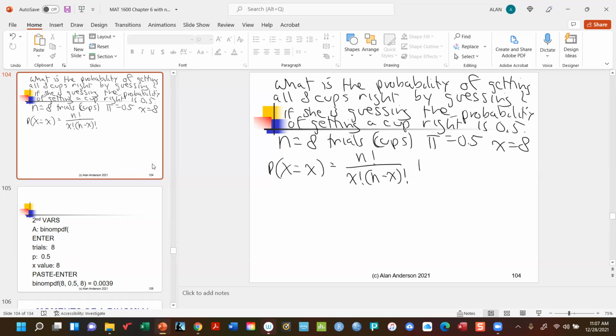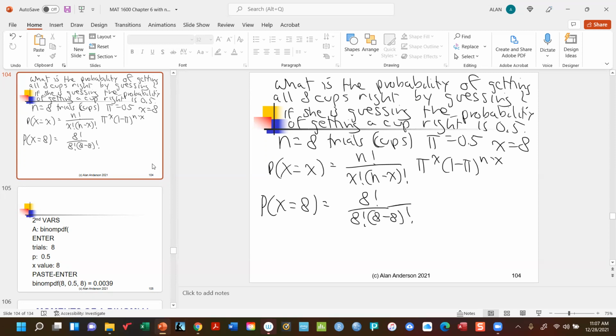All right, let me just quickly plug the formula in here. So the probability of getting all 8 of them right would be 8 factorial over 8 factorial, 8 minus 8 factorial, 0.5 to the 8th power, 0.5 to the 0 power.